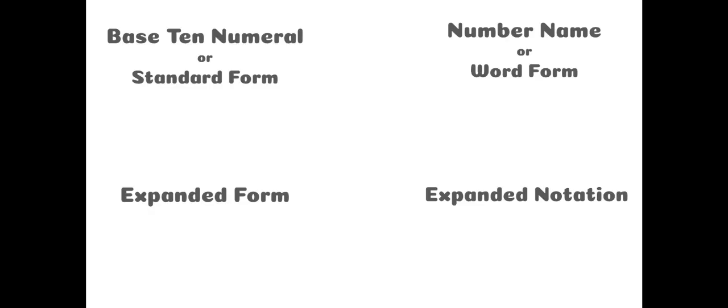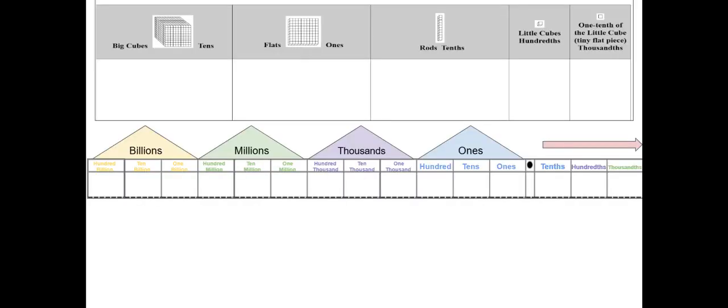So here is how we are going to attack this challenge today. We are going to use a place value chart that even has our decimal, and we're also going to be building what these numbers would look like in real life using our base 10 blocks. So let's say the first amount that we're given is 3 groups of 10. That is part of the mystery number that we are building.